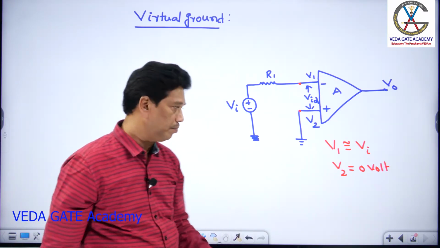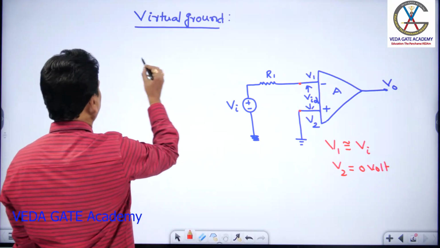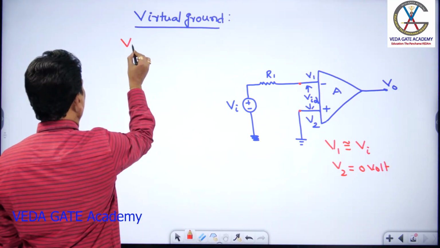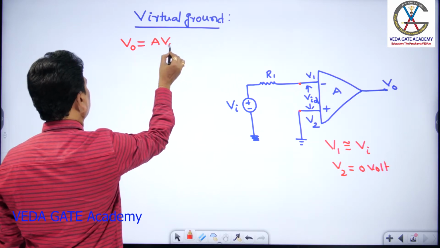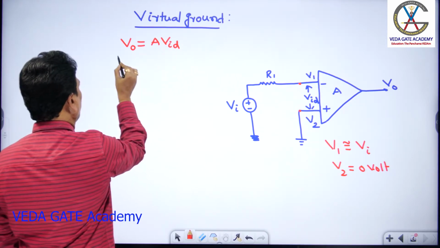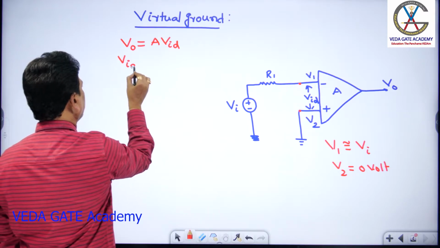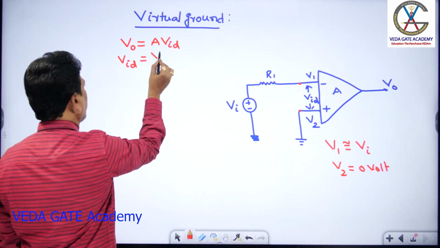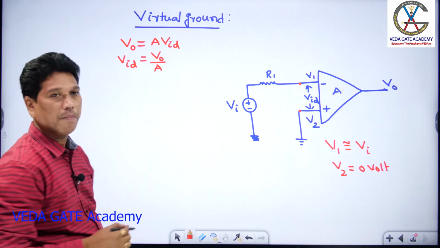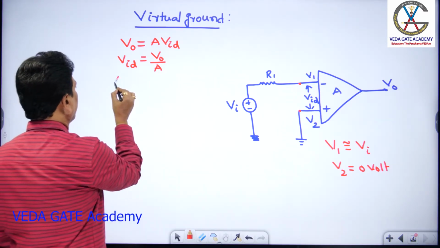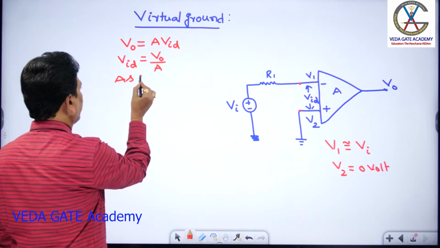Let us examine. According to the ideal condition, V0 equals A into VID, right? So VID equals V0 by A. And you know that A tends to infinity, according to the ideal condition.